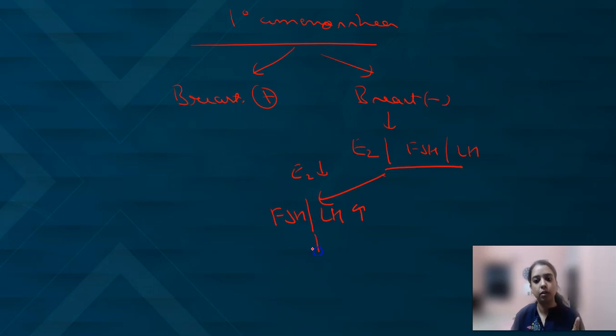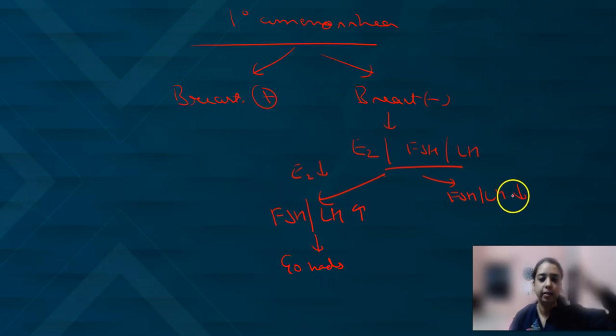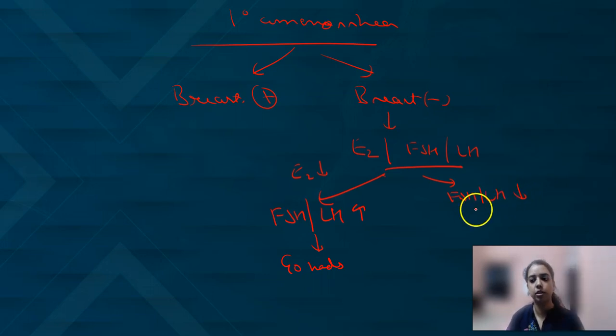Your HPO axis is normal. Your gonads are not working. That is why there is no negative inhibition on the center, and since it is working properly, FSH and LH levels are high. So there is a problem in the gonads. But suppose the FSH and LH are low, then you know that my estrogen is low because my center, the hypothalamus or the pituitary, is not functioning properly.